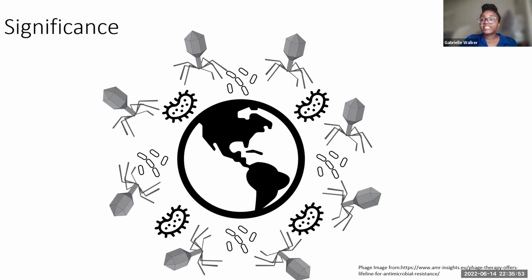Understanding how phages interact with their bacterial host is important since very little is known about this interaction. Though this research is in its preliminary stages, we hope to contribute knowledge to this vast but highly secretive relationship between phage and host. Thank you.